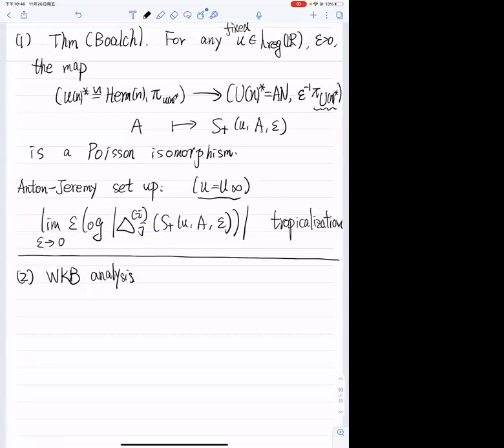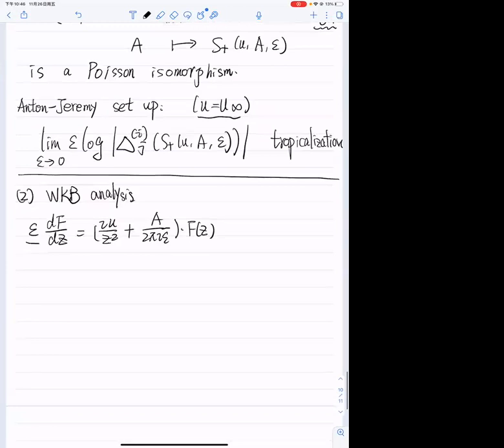So let's see why we expect such a thing to happen. So again, let's take our favorite ODEs and check what happens as epsilon goes to 0.